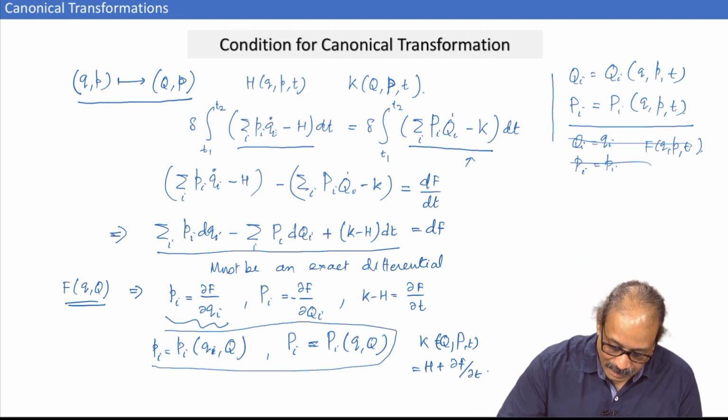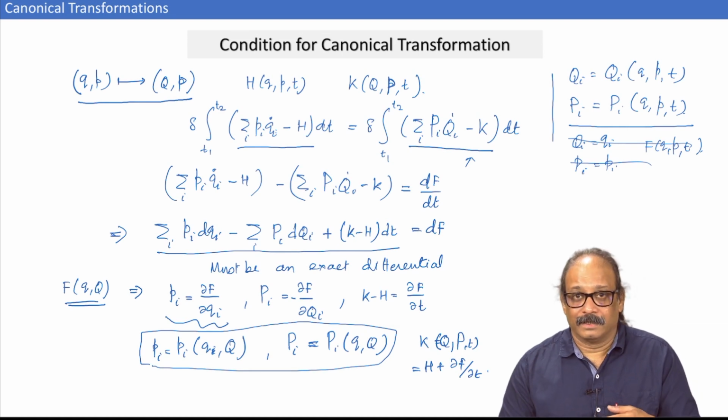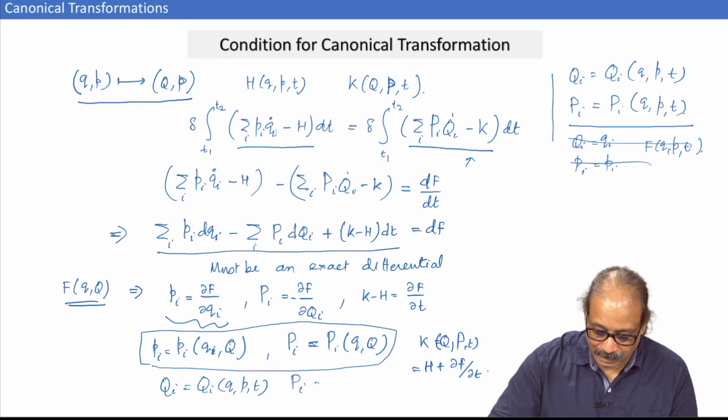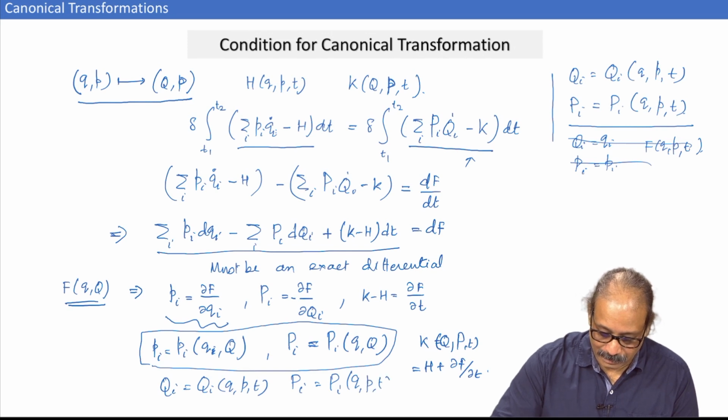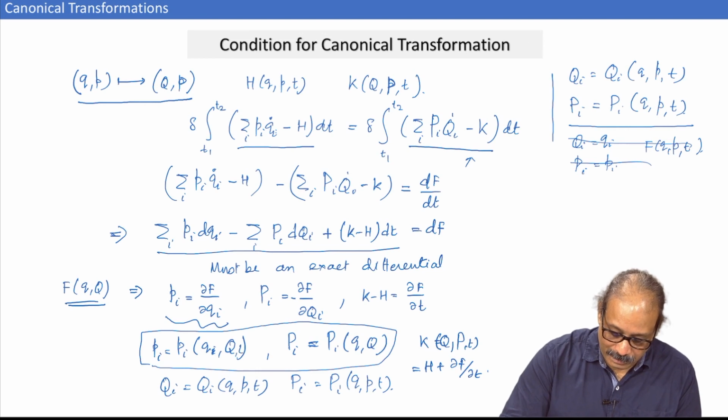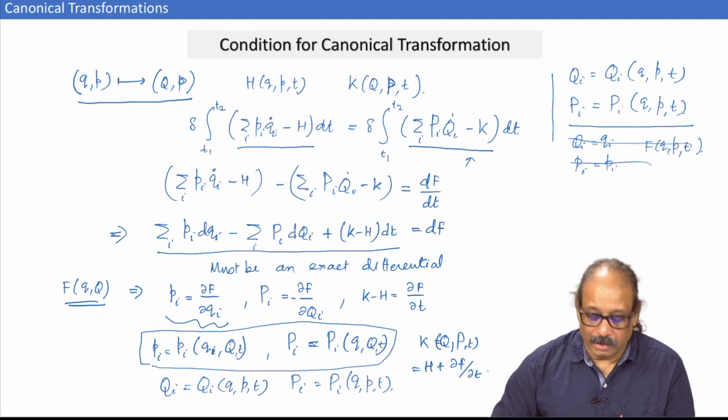You get these equations, and now I can rewrite these equations so that Q is expressed in terms of small q, p and t, and Pi is already there. So it will be a function of q, p and t. Okay. Of course, there was a t here which I forgot to write.